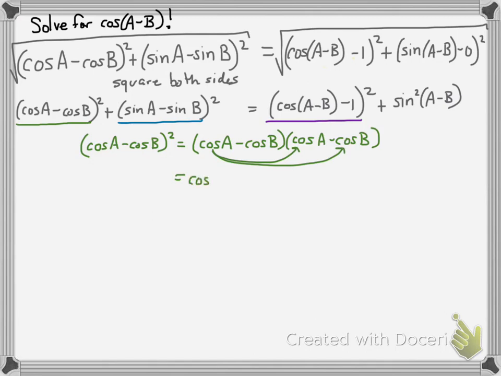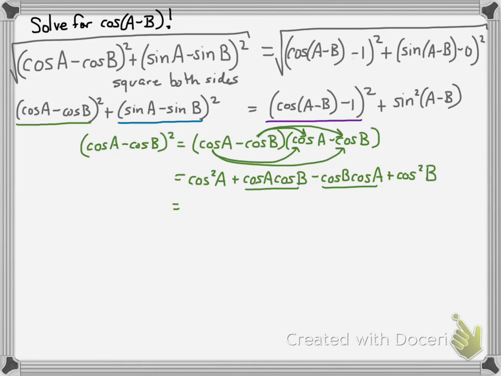So I have cosine of A times cosine of A is cosine squared A, and then plus cosine of A times cosine of B, and then I'm going to take the negative cosine of B and multiply it through the parentheses. So we will have negative cosine of B times cosine of A plus cosine squared B. Now the two middle terms are the same. Oops, and you know what? Both of them, I made a mistake.